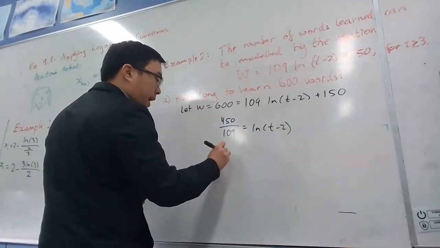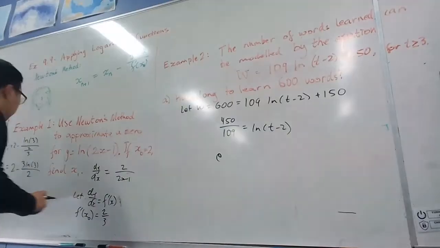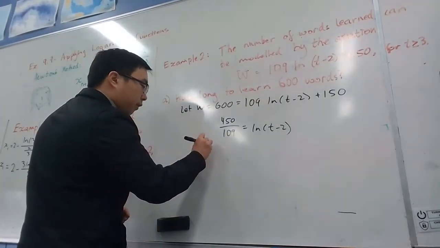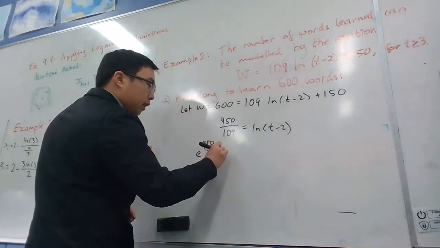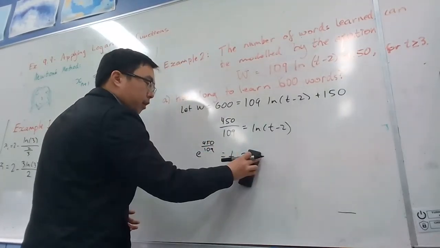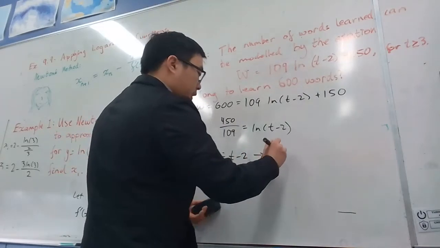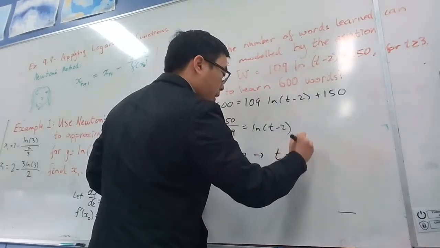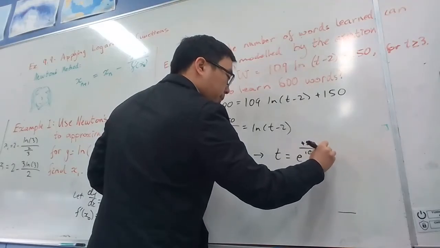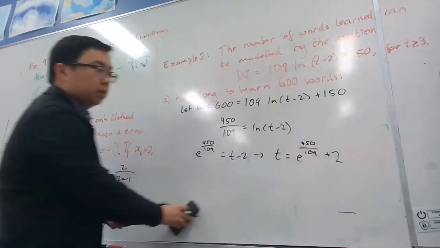I'm going to go e to the power of 450 over 109 equals t minus 2, which means, actually I don't need a comma there, I'm just going to write an arrow, which means that t equals e to the power of 450 over 109 plus 2. That's a big 2.